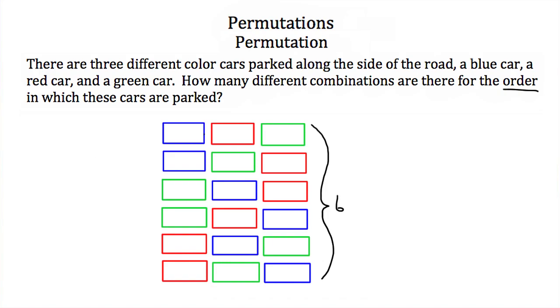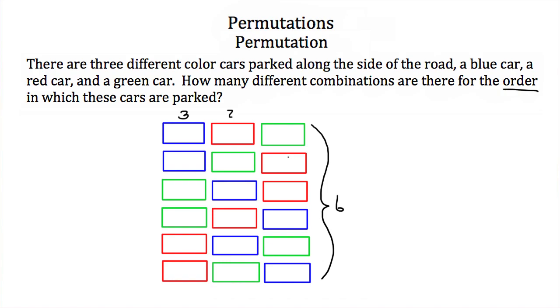Now if you think of this as the fundamental counting principle, for the first car there are 3 different options. We could pick the blue one, we could have picked the green one, we could have picked the red one. But for the second car in order, there are only 2 different options, because if the blue car is picked first, then it can't be picked second or third.